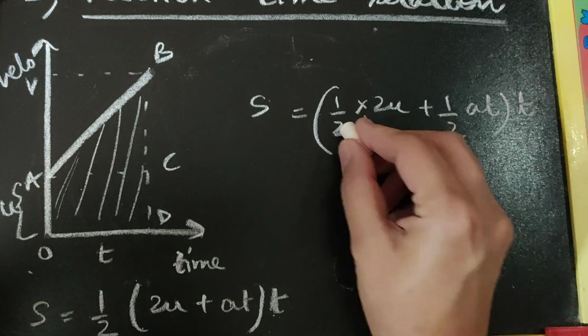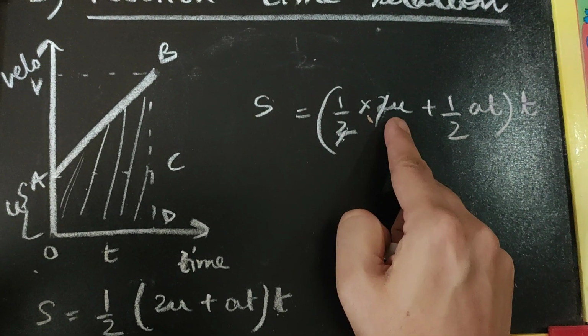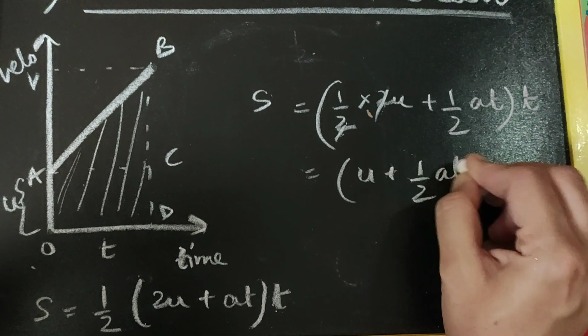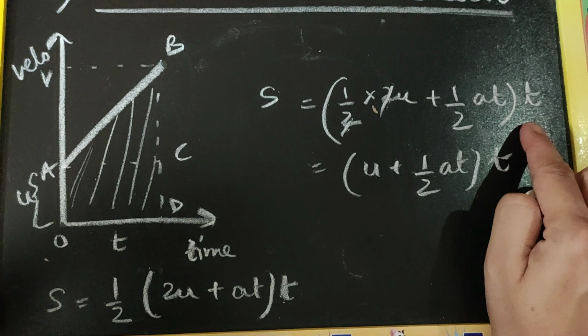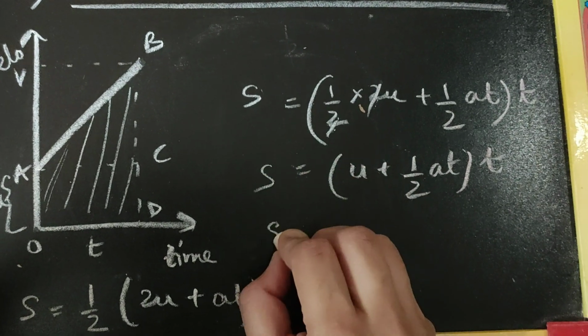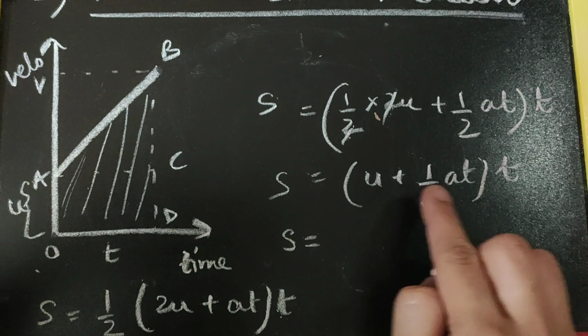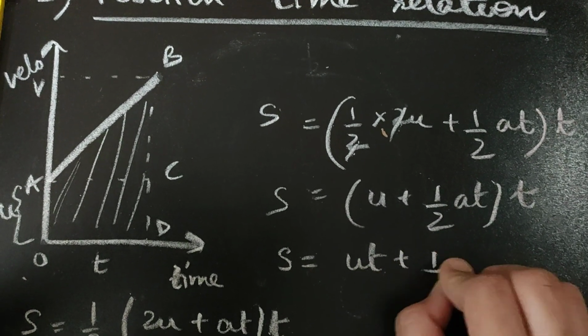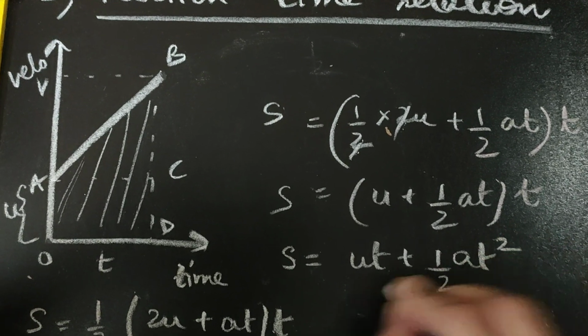Now simplifying further, this 2 goes away. I am left with U plus half AT inside the bracket. There is a T already outside. And finally taking the T inside the bracket, I get S is, this T comes in, gets multiplied with both these terms. It becomes UT plus half AT square.